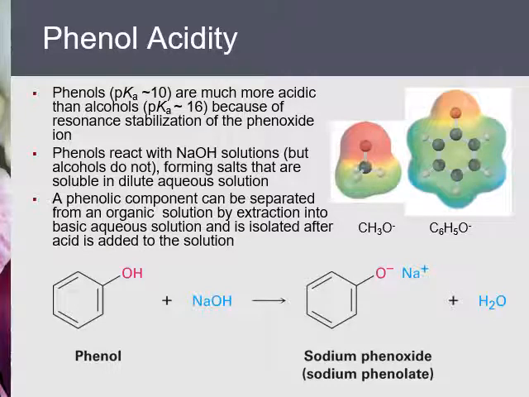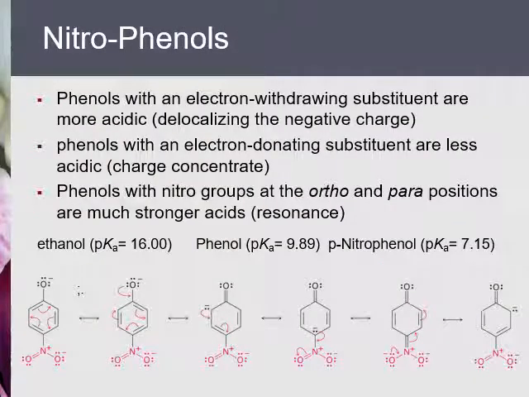You may remember that phenols have a pKa around 10, which makes them much stronger acids than alcohols, which usually have a pKa around 16. Because alcohols are weak acids, sodium hydroxide is not strong enough to convert 100% of alcohols into alkoxide. Because phenols are stronger acids, sodium hydroxide can convert almost all phenols into phenoxide. We already showed that electron withdrawing groups make alcohols stronger acids. The same thing happens to phenols.